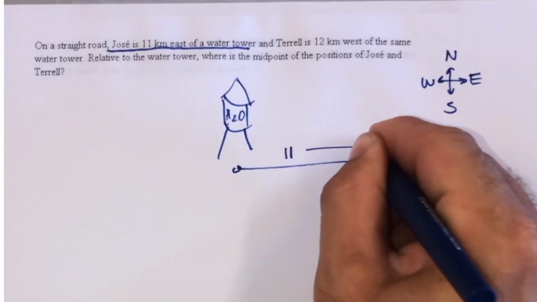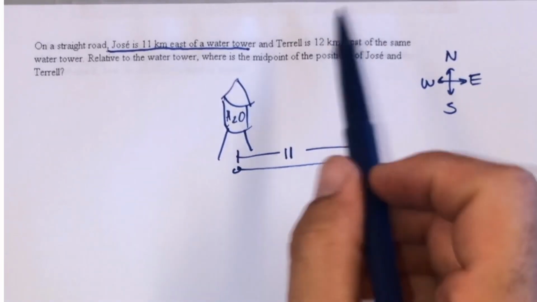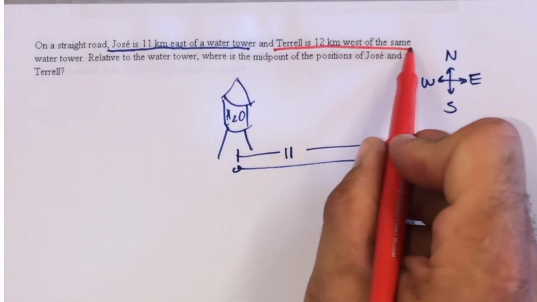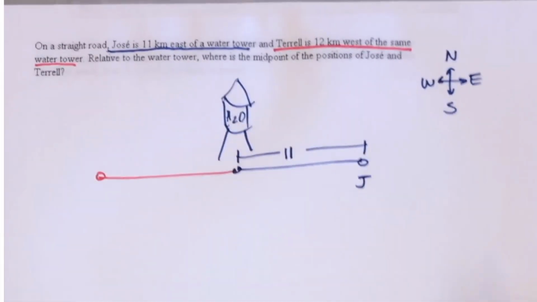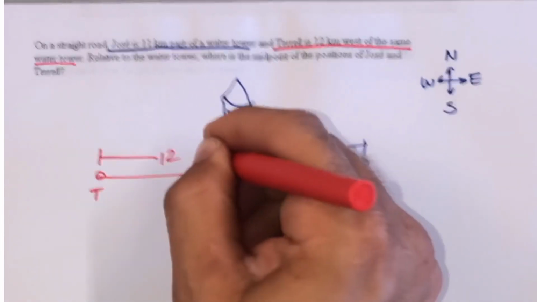I like to give these brackets here, so it's showing that this is 11. Then: Terrell is 12 kilometers west of the same water tower. So we're going west now, and here's Terrell, going a distance of 12.